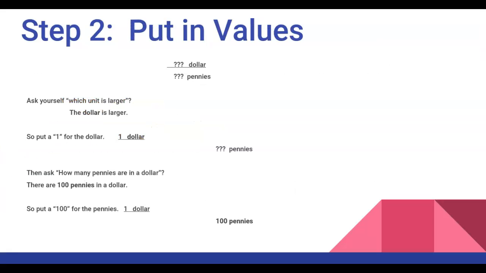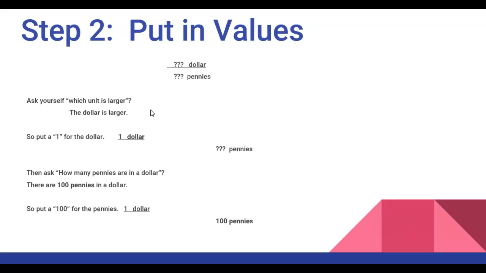So looking at, here's an example of dollars to pennies. It shifted odd, I'm sorry, I'll fix that. But the dollar is going to go on top. Now, notice it says which unit is larger. This is a really important question that you want to ask yourself every time you are setting up a unit conversion, because what is larger always gets the 1. So $1 is 100 pennies. 1 minute is 60 seconds.